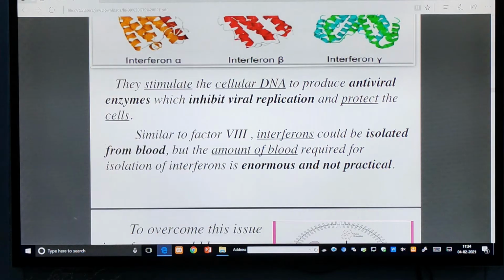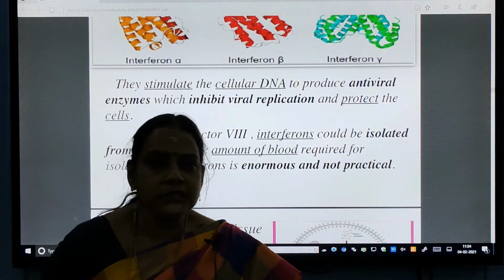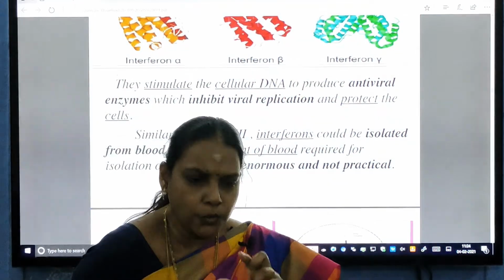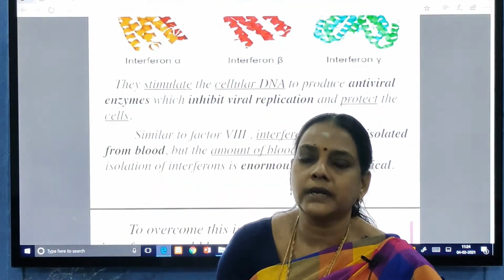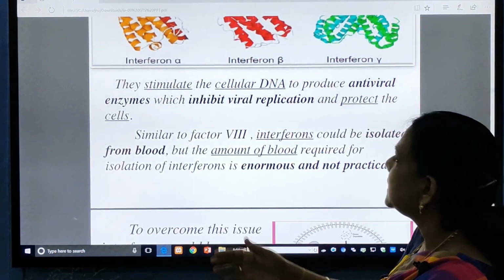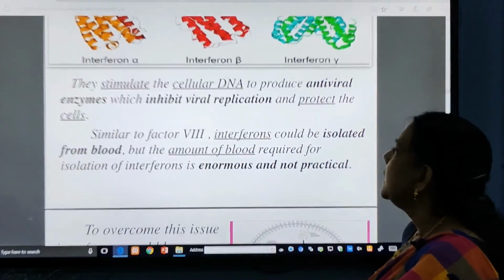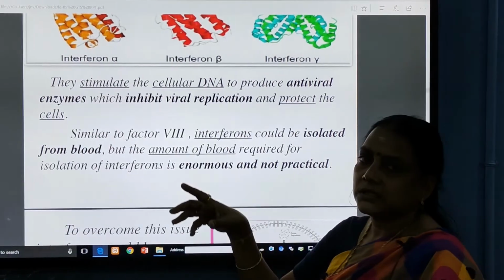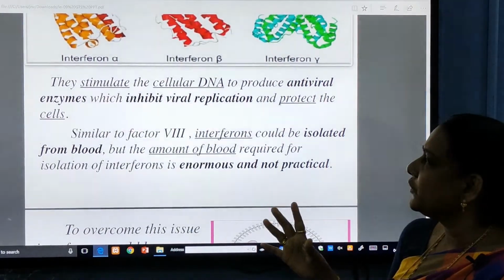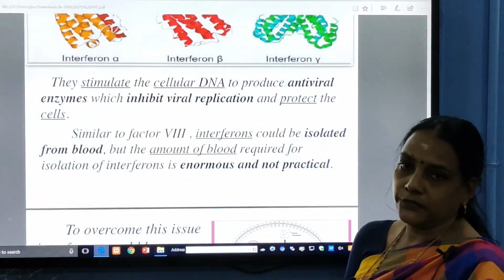We have to stop the viral replication, so that is the agenda. To stop it, you have to apply this particular interferon. Here you can see the enzymes which inhibit viral replication and protect the cells. So our purpose is fulfilled by the usage of interferons.